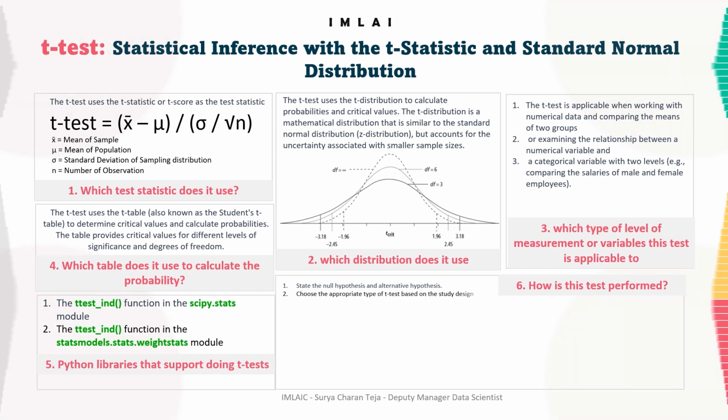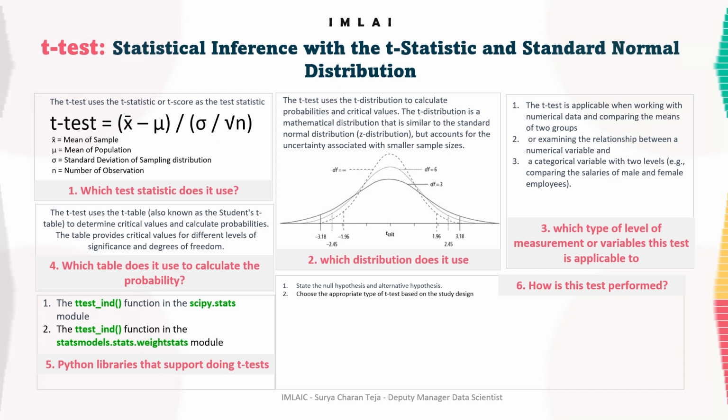Then choose the appropriate type of t-test based on the study design, for example, independent samples t-test or paired samples t-test. There are mainly two types. Under that, we also have proportion-based or mean-based.